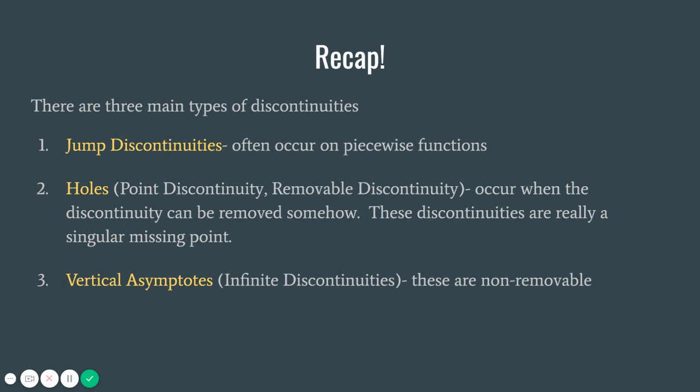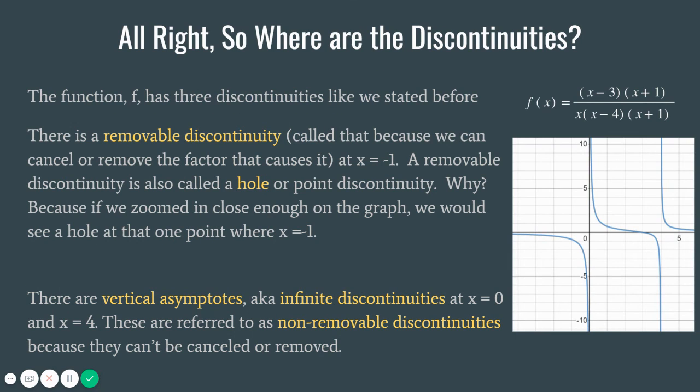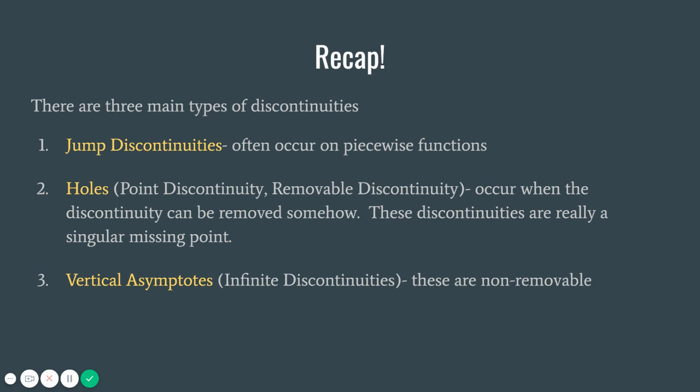And then we have vertical asymptotes. These are non-removable. You can't cancel these out. These are infinite discontinuities. That name is clever because if you go back and look at the asymptotes, you can see why we might be calling those infinite discontinuities. But we'll get to that later.